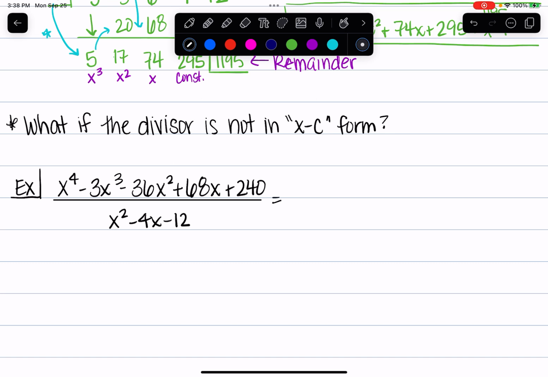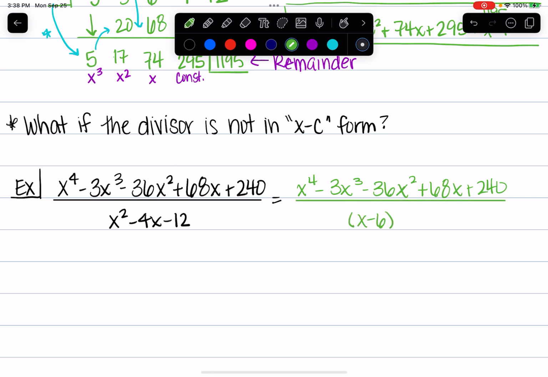So that's obviously the denominator is not in x minus c form, but can it be factored? Well, actually, it can. So you're really doing the same numerator, and then this factors into x minus 6 and x plus 2.